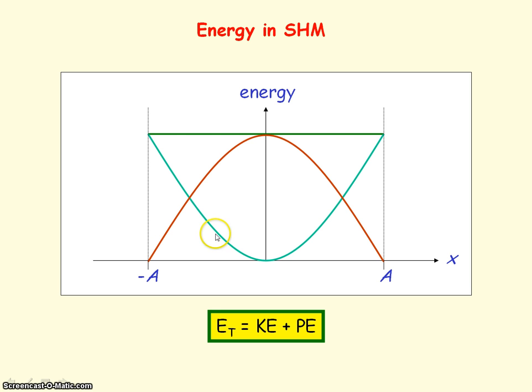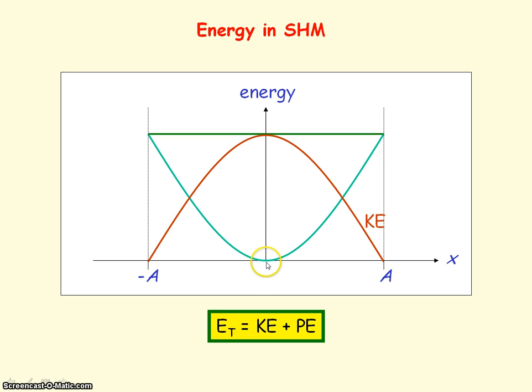If we were to plot a graph of the energy against the displacement, we would get these three lines. The red line is showing you that energy is maximum when displacement is zero, that is at the equilibrium position, and the energy is zero at maximum displacement. So that's telling us the red line represents our kinetic energy.